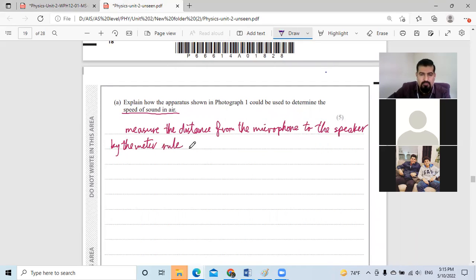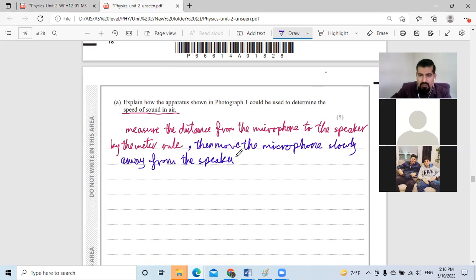Then move the microphone slowly, away or towards, doesn't matter, away from the speaker until the traces have the same shape as the picture or as the figure.